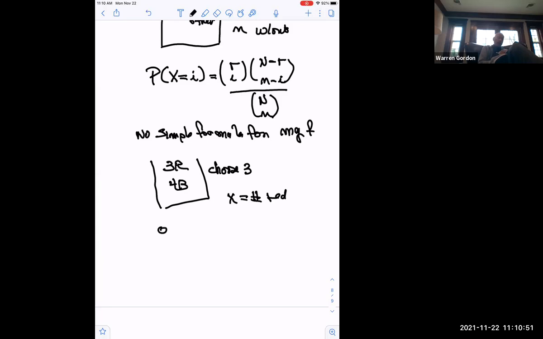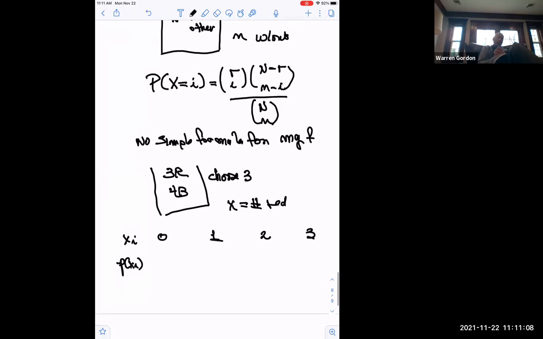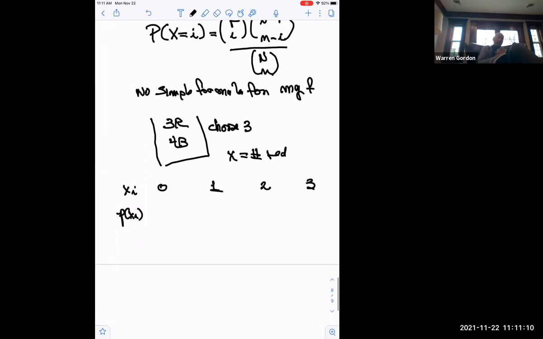Well, I can get no red, 1 red, 2 red, 3 red. The probability of getting no red would be what? These are all blue. It's 4 choose 3 over 7 choose 3.